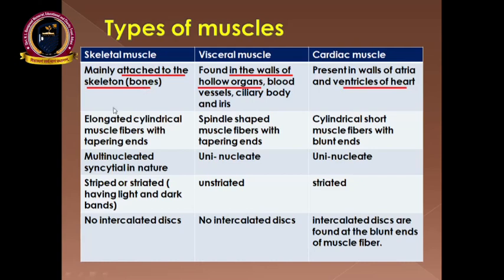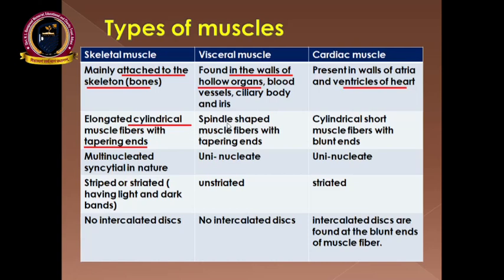Then if you take up other features like the shape and structure of the muscle fiber. Muscle fiber is a single muscle cell. So in skeletal muscles, the muscle fibers are elongated, cylindrical with tapering ends.